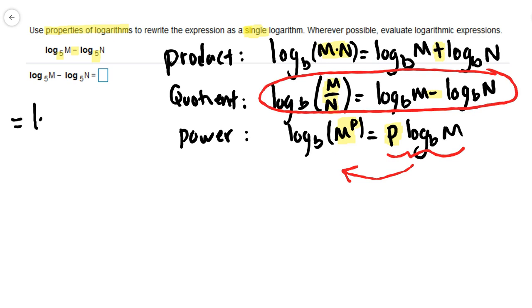So this is going to become log base 5, the same log base 5 that's in both individual logs, and the number that goes in the numerator is m because that log is positive, and the number that goes in the denominator is n because that log is negative.